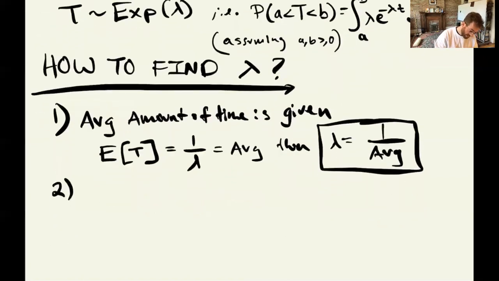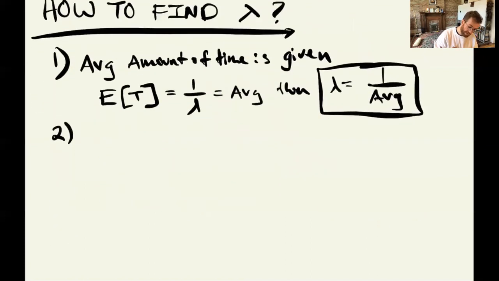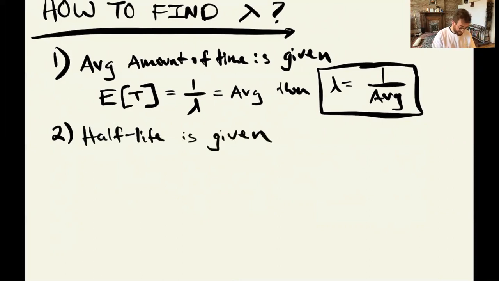The second common way in which exponential random variables are presented in word problems is you're given what's called the half-life, which is synonymous with the median here. So you want to think of this half-life as something that usually happens in problems that talk about the third category, which was deterioration and decay.